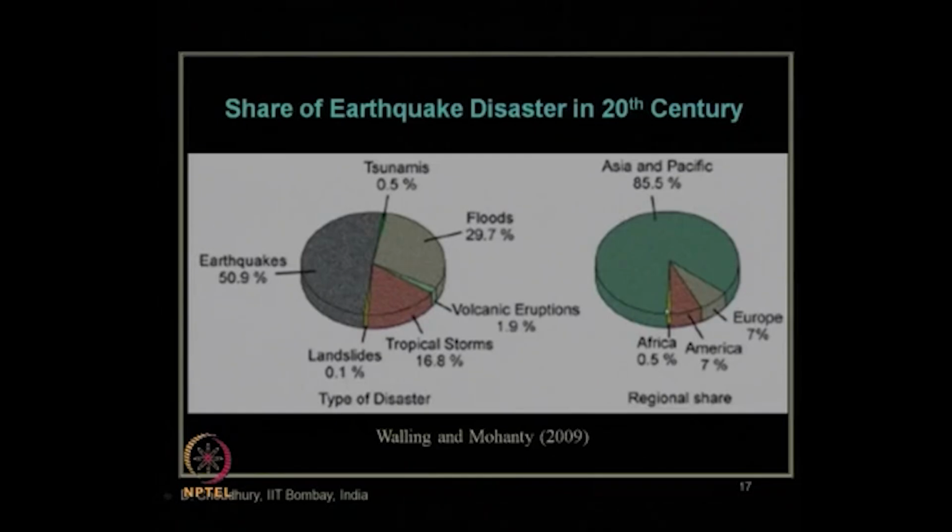So, this is the share of the earthquake disaster region wise. So, it is very clear to us that our country India, being in this region of Asia and Pacific, needs to do more research on earthquake engineering, on geotechnical earthquake engineering in particular, because of this reason.